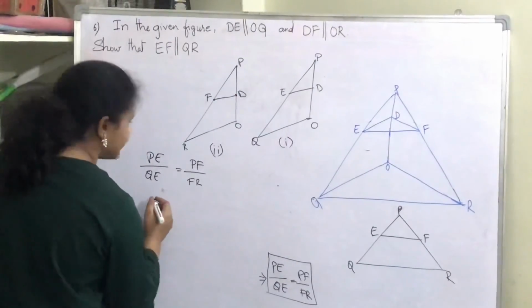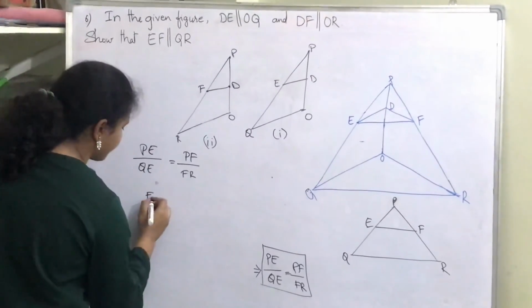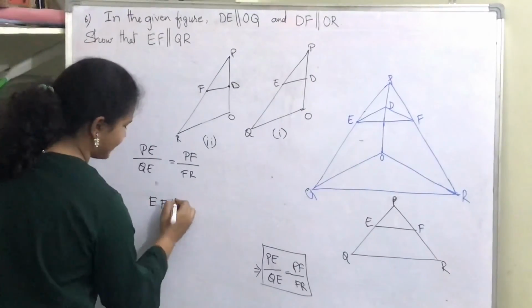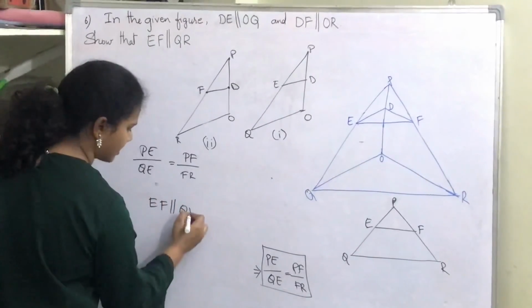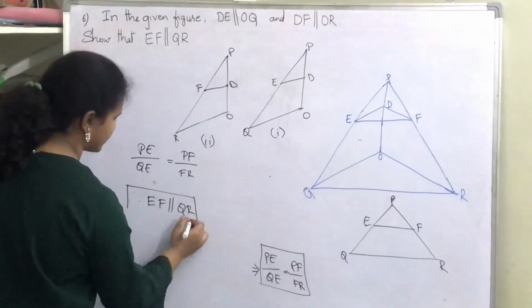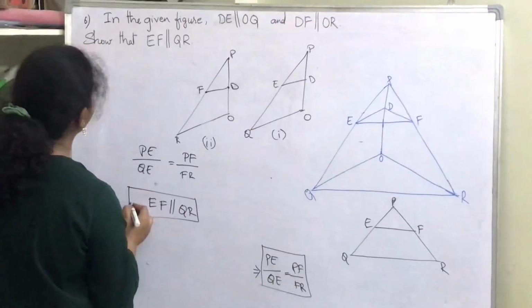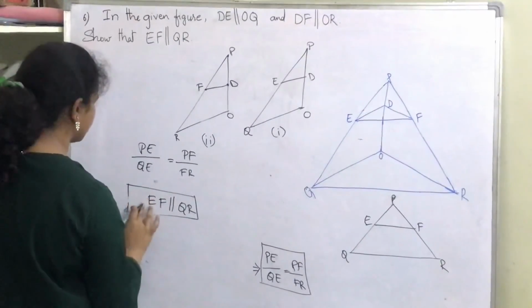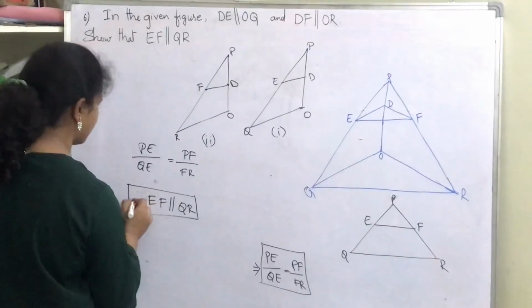So we can say that EF is parallel to QR. By the converse of the basic proportionality theorem, I have proved this. Hence proved.